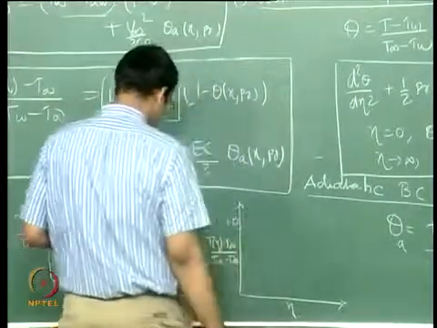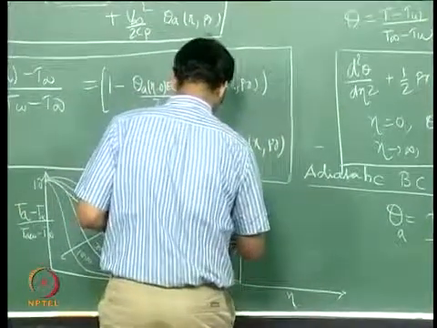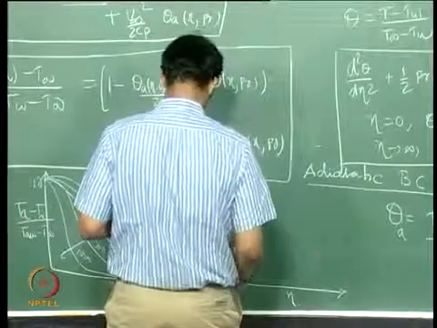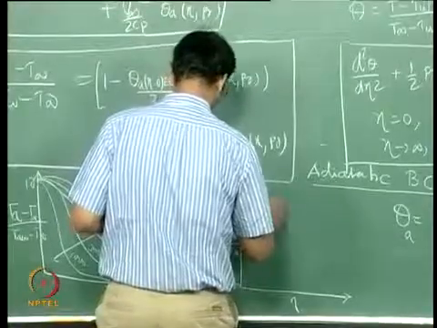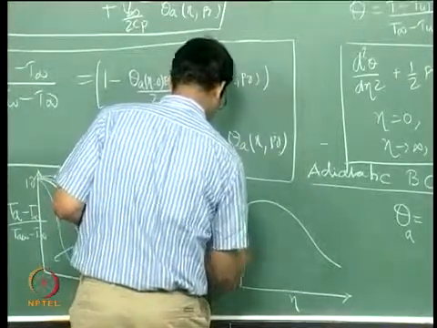This will also be between 0 and 1 and this will show a behavior something like this. Okay, my 0 actually is somewhere here.